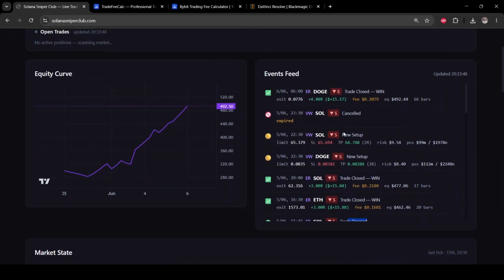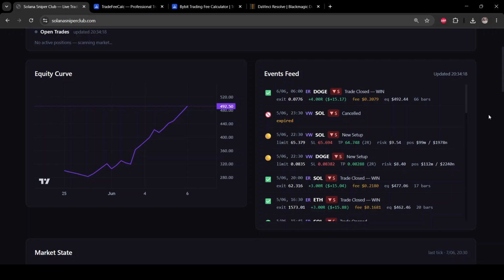Look here, we had a setup for Solana, and the setup expired before the order was filled. Then when the trade closes, we also have an event, and it shows this even if it's a loss or a win. It shows the equity after, the ratio of the win, and the total fees paid on the trade.